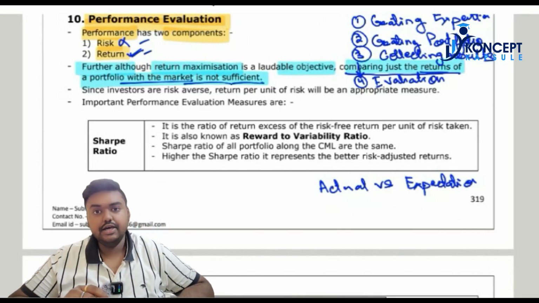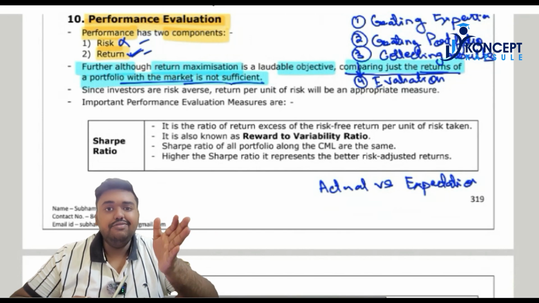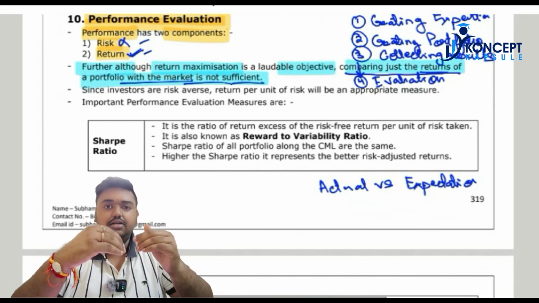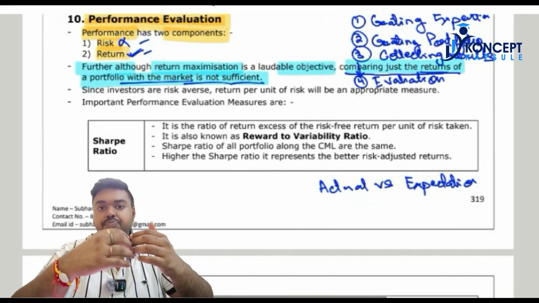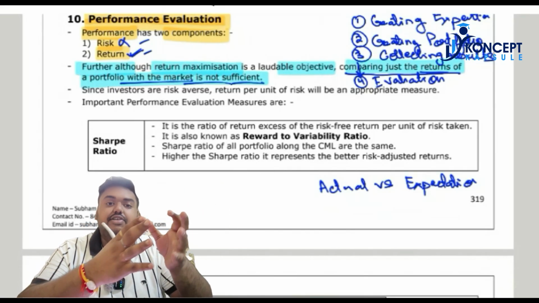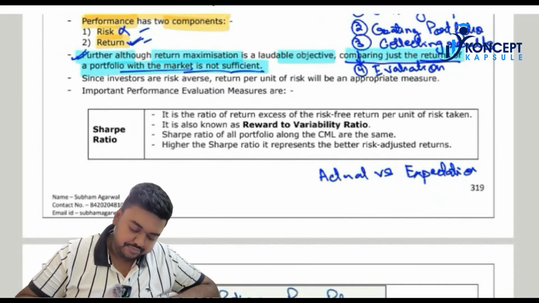Why? Because we all know returns depend upon the level of risk that I'm taking. So when you are just comparing the returns in an isolated manner, it might not give you the true picture. Why? Because somebody with a higher return might have taken a higher risk. Correct. So yes, this statement is very valid.